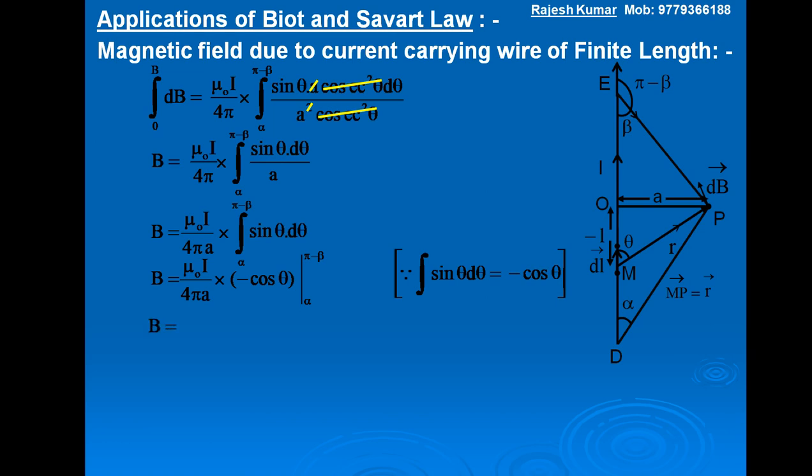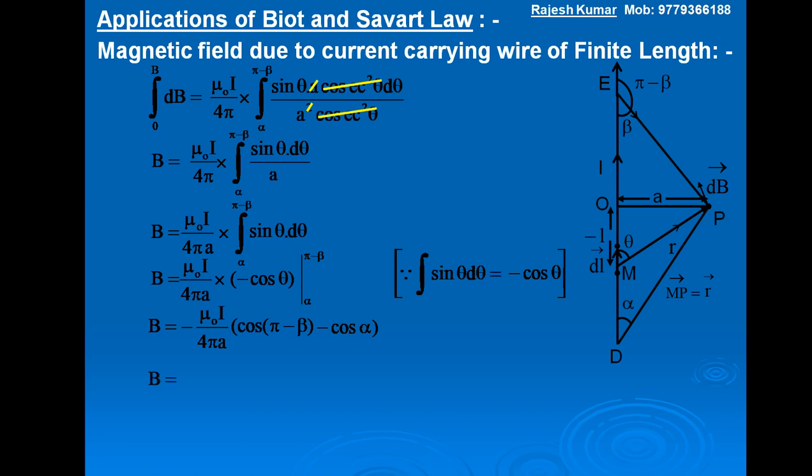So B is equal to minus mu naught I upon 4 pi a into cos of pi minus beta, that is, first put theta equal to upper limit pi minus beta, minus, put theta equal to lower limit alpha, which becomes minus cos alpha.